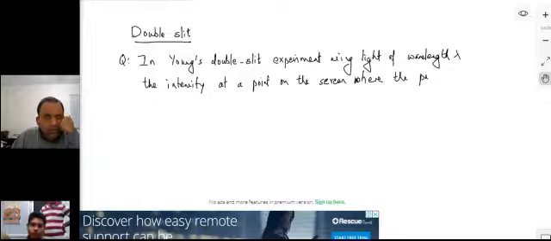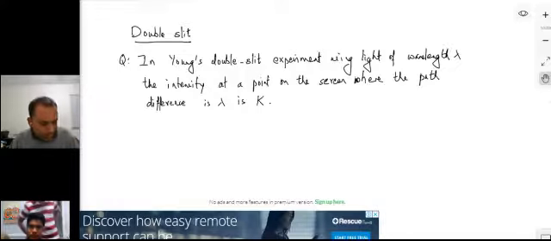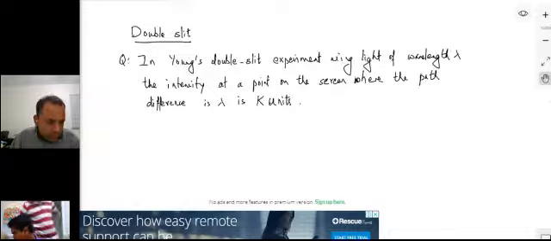Okay. Well, the path difference is. So you guys have this problem with you? It's K units. We are not there, only one had a problem. Oh.